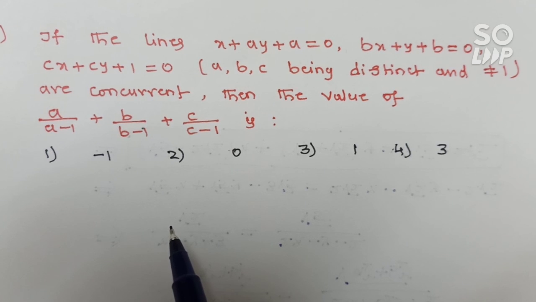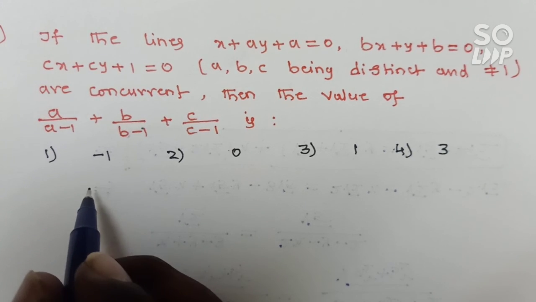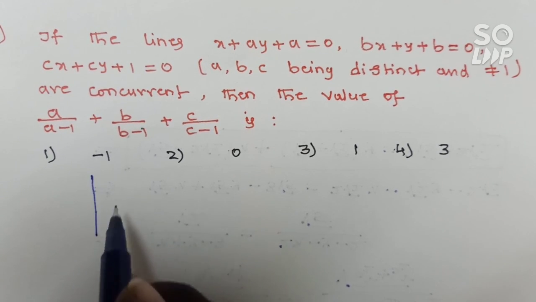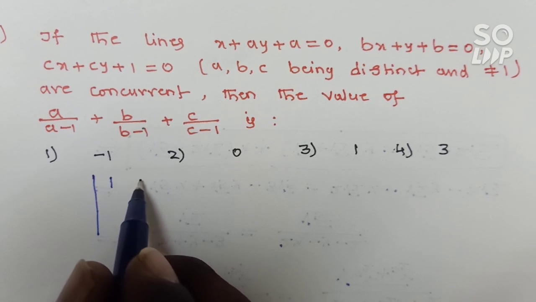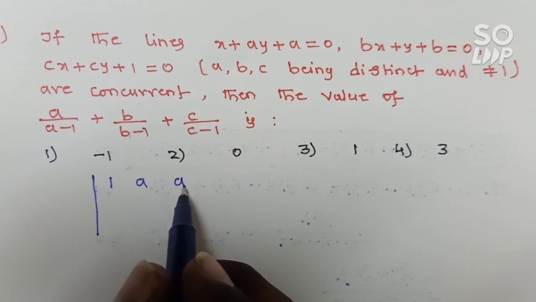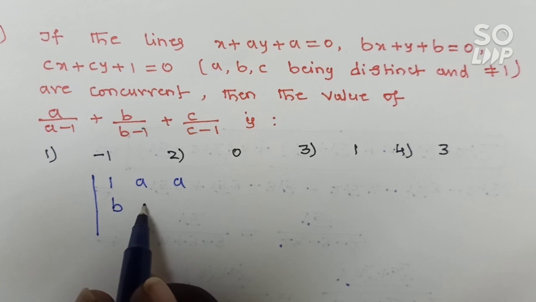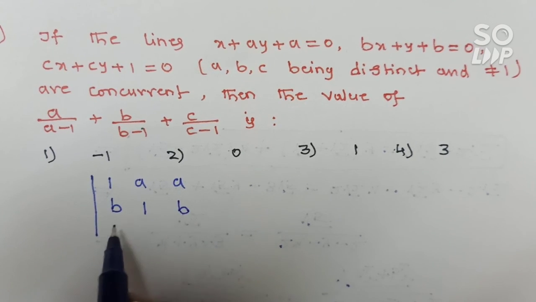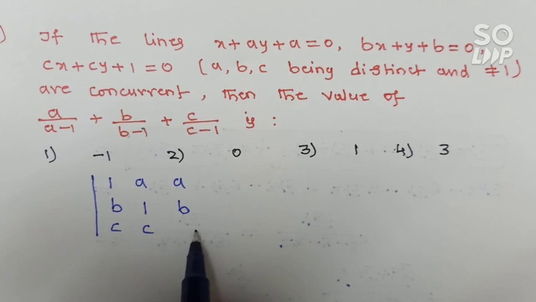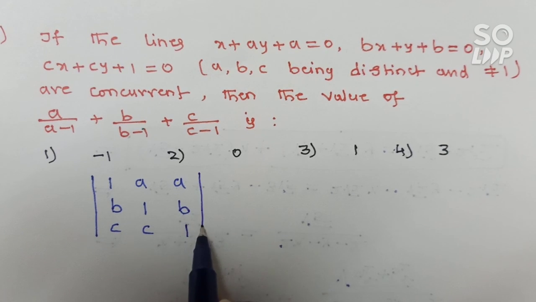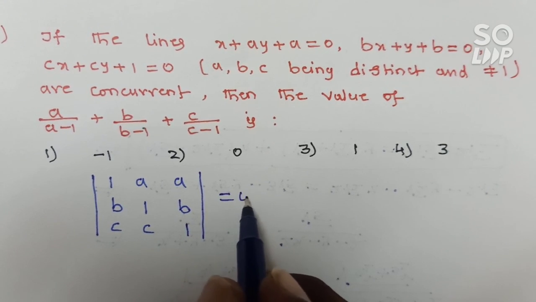You already know the concept of concurrent lines. That is, the determinant of 1 a, b 1 b, c 1 equals 0.